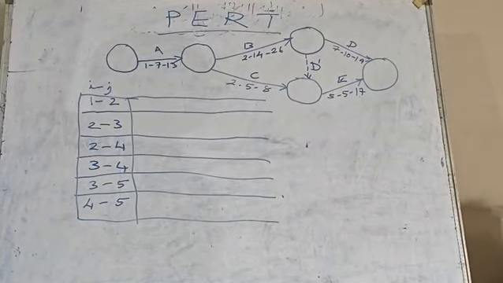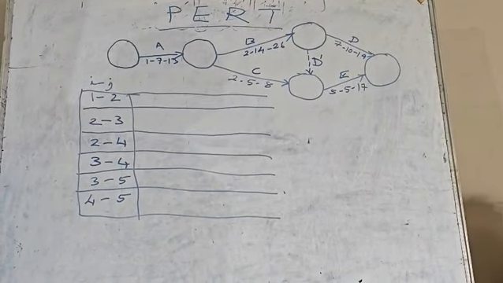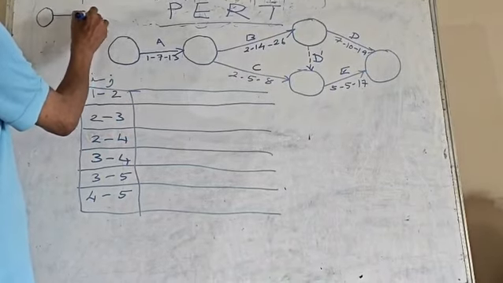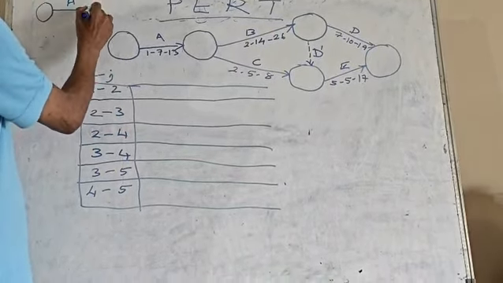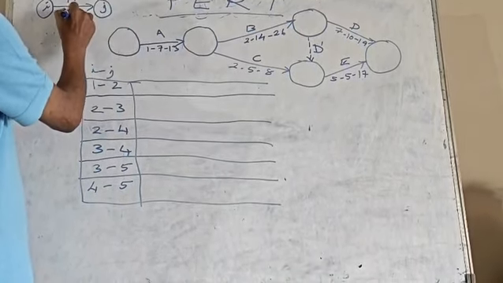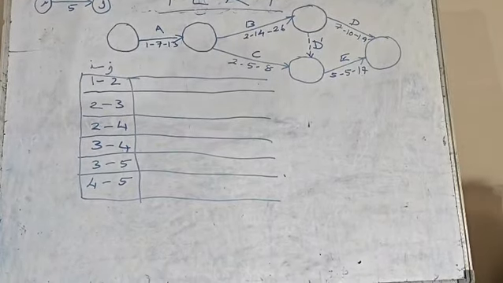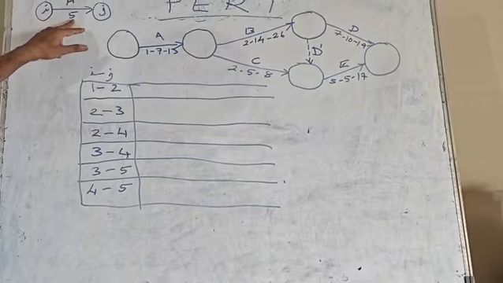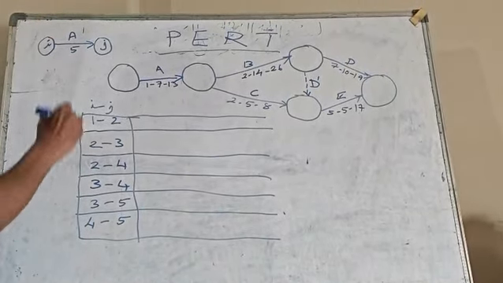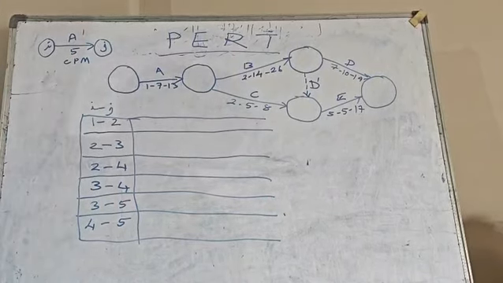The basic difference between CPM and PERT is that in CPM, between one event I and another event J, we have one time estimate, that is 5, as we have taken in the last numerical example. So one time estimate is used in CPM, the critical path method.